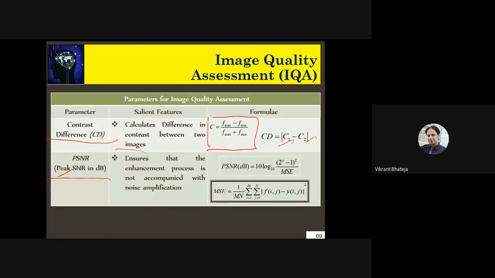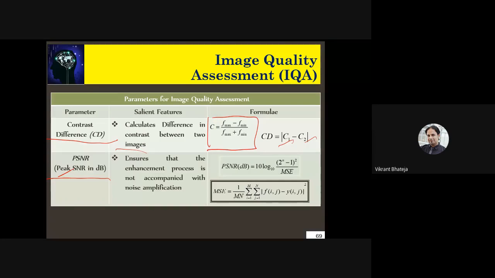Whenever you are calculating contrast difference, it is better to have some parameter by which you estimate the signal to noise ratio. If the signal to noise ratio is preferably high in these regions, then you can ascertain that the contrast is improved and the noise is not enhanced. But if the contrast is improved and you have a low value of PSNR, then that means the contrast enhancement is done, but at the expense of a poor signal to noise ratio.